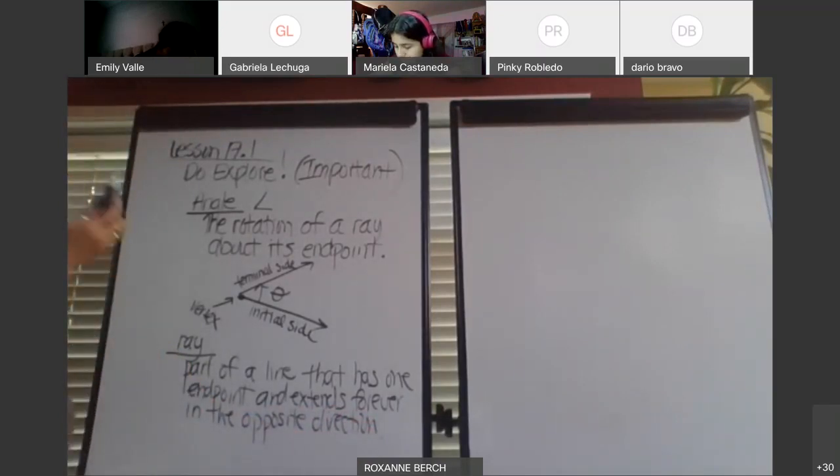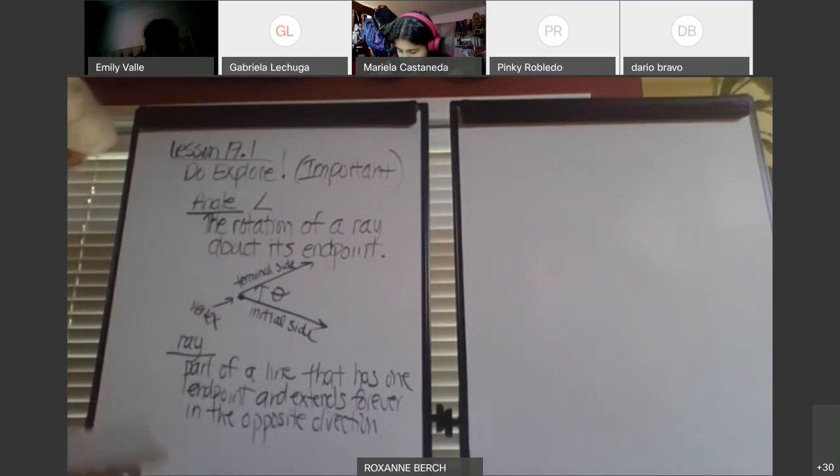So on one side of one index card, you'd have angle, and that definition on the back of it, and go through it, make sure you know it. Ray: the definition is part of a line that has one endpoint and extends forever in the opposite direction.